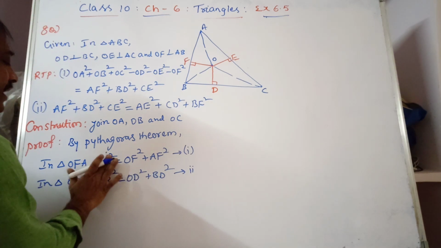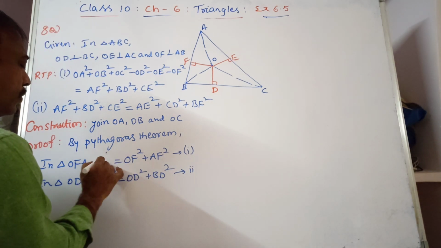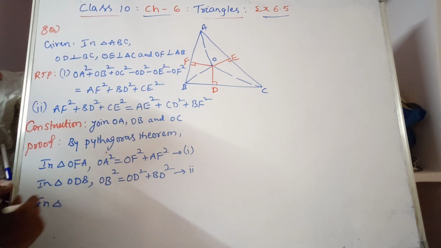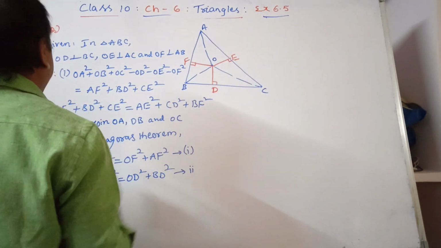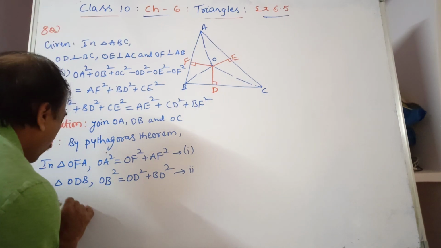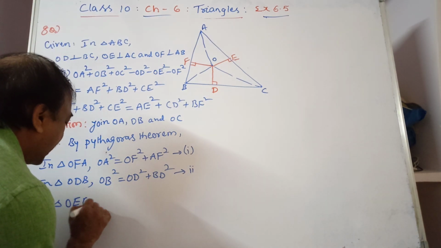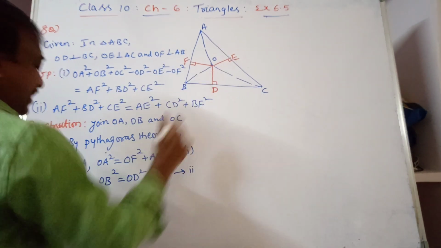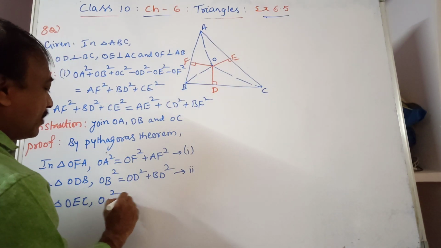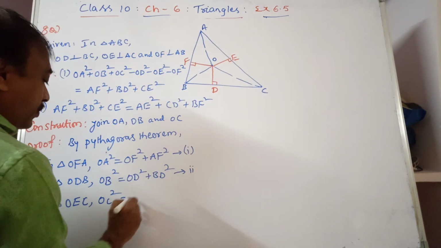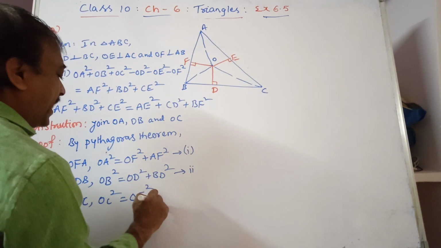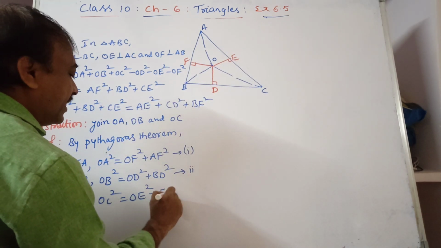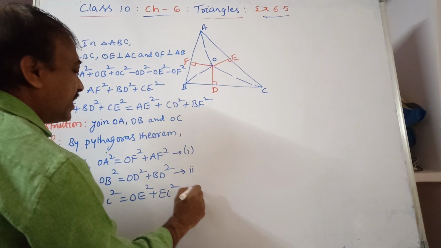Here also, instead of AO you can write OA square, anything is okay. Now in triangle OEC, again by Pythagoras theorem, OC square is equal to OE square plus EC square. This is equation 3.